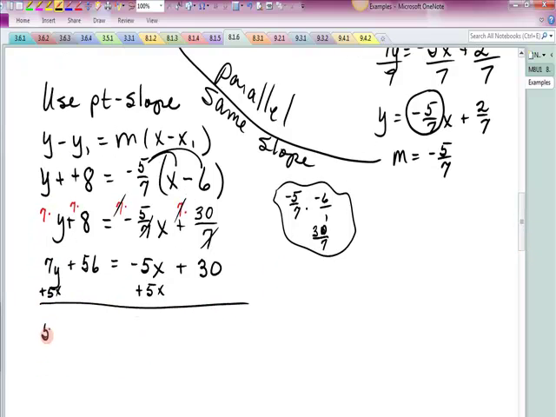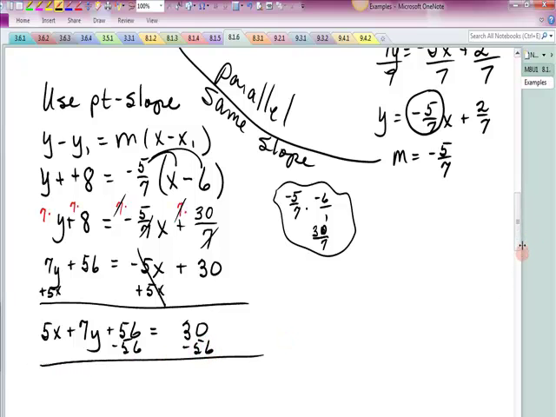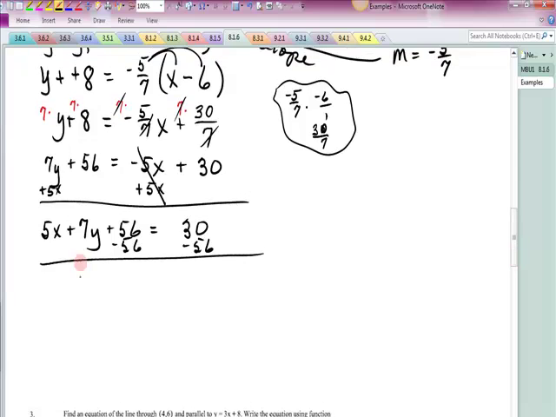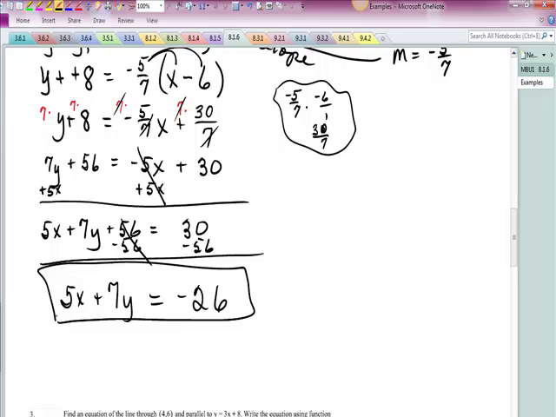That gives me 5x plus 7y, different terms, plus 56, still there, is equal to 30. Subtract 56 from both sides, and we end up with 5x plus 7y is equal to negative 26. That is the standard form of the equation of this line.